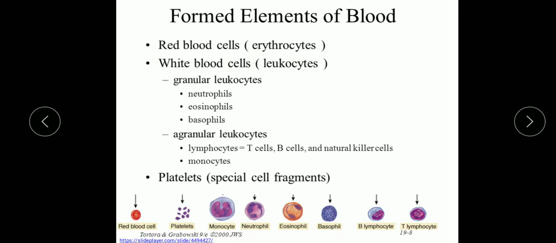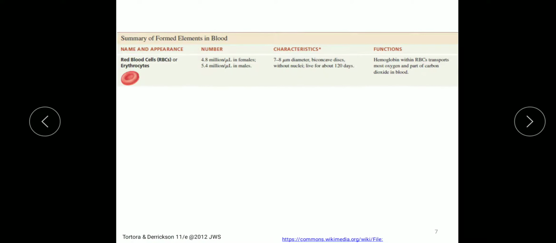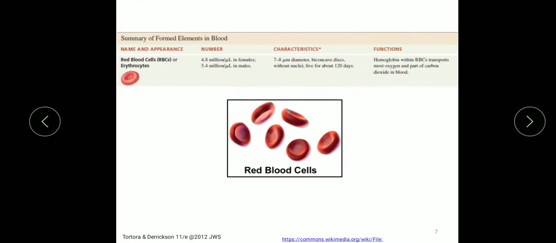So, let us discuss the RBCs in detail. RBCs are biconcave discs with a diameter of 7 to 8 micrometers. Mature RBCs have a simple structure.